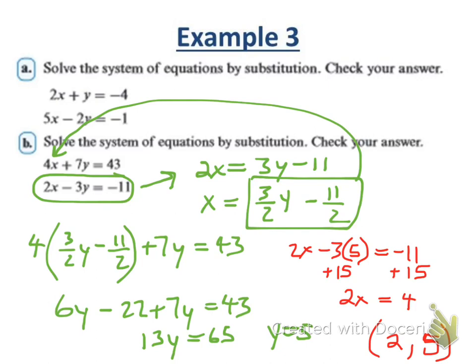We're going to check that in the other equation that we didn't use to get x equals 2. Is 4 times 2, 8, plus 7 times 5, 35, equal to 43? It is. So 2, 5 is the solution to the system of equations, which means it is the point of intersection.